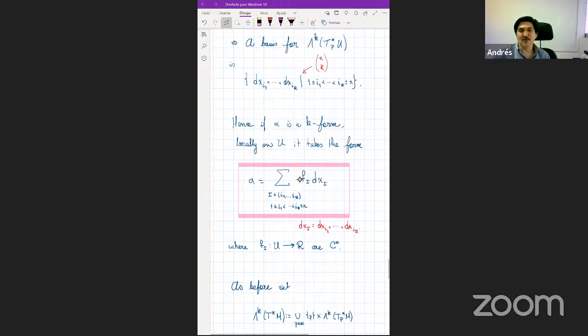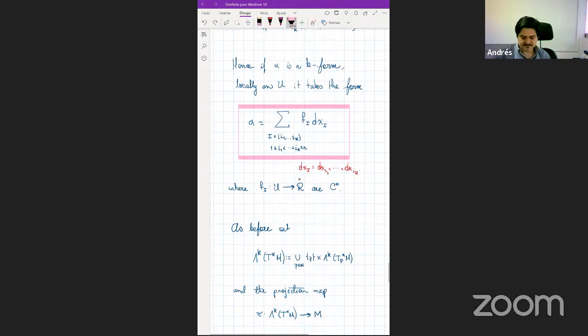And now let's go and define the corresponding vector bundle. Same argument as before. I define this to be the collection of all of these vector spaces, the k exterior power of T star M. And I already said I will use the same notation.